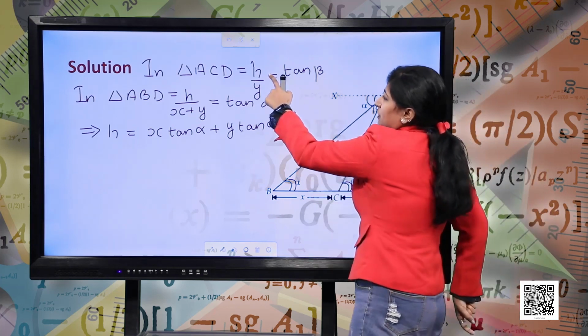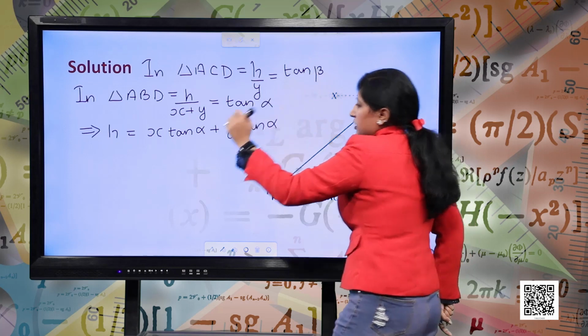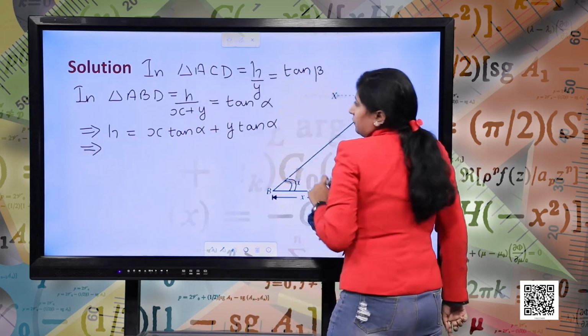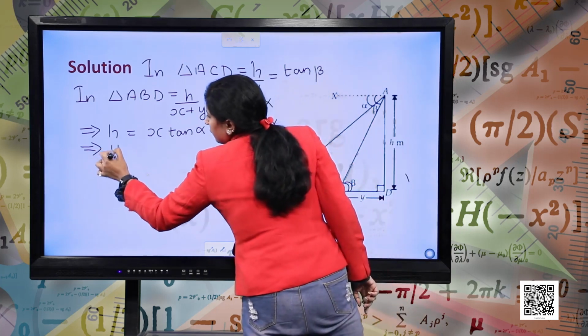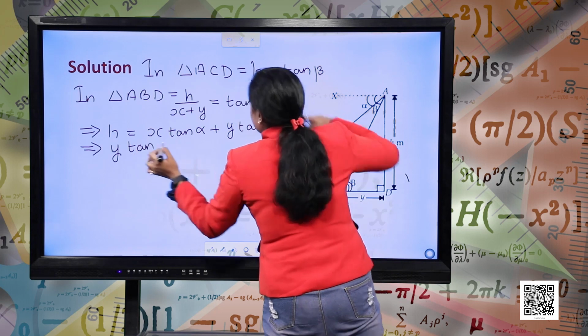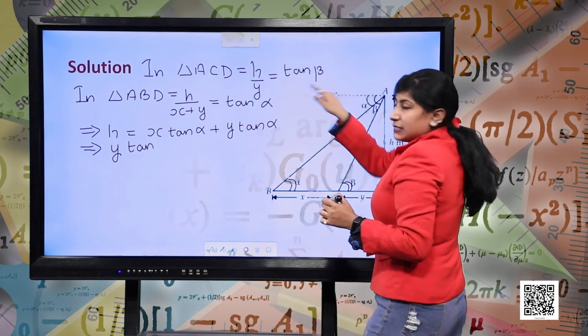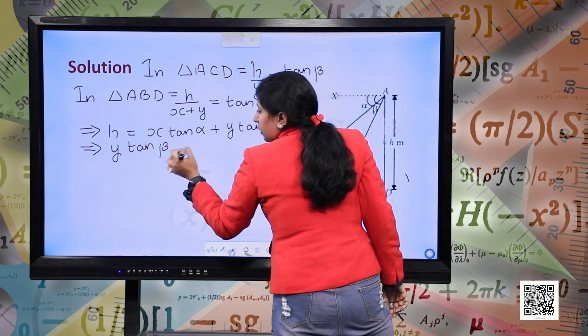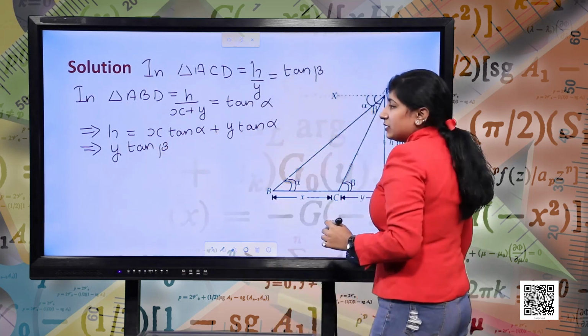So if you use the value of h from this equation and put it in this equation, we get y tan beta. See here, the y goes and gets multiplied with tan beta is equal to x tan alpha plus y tan alpha.